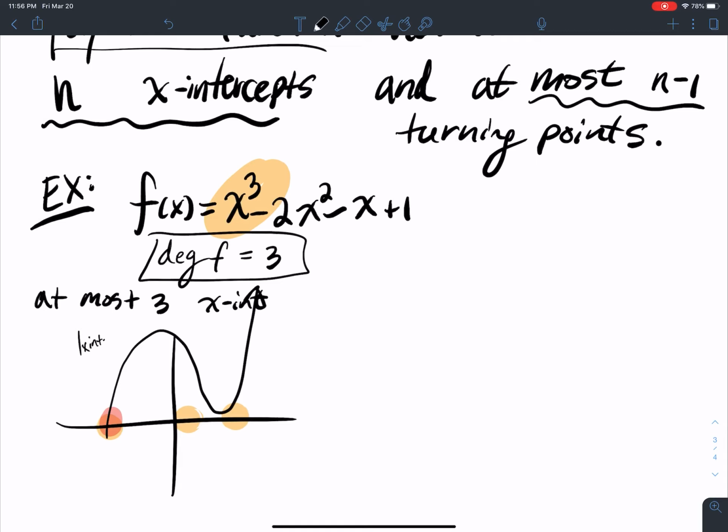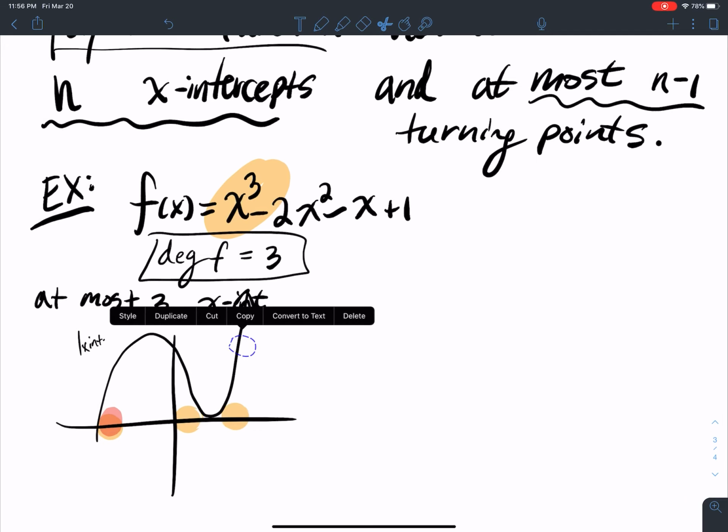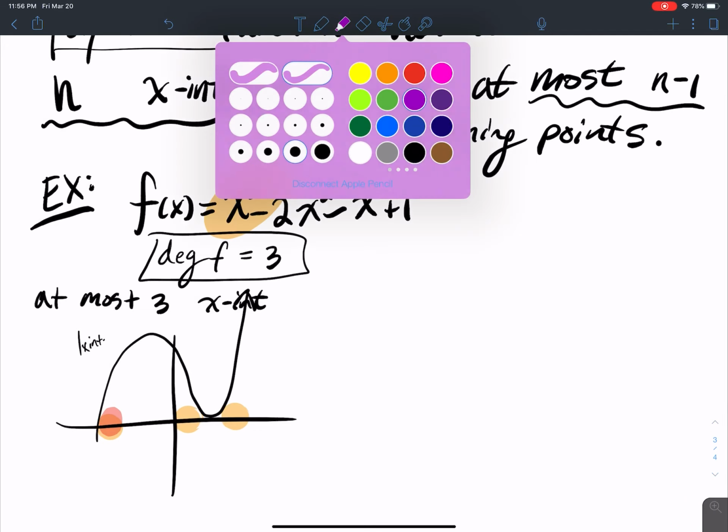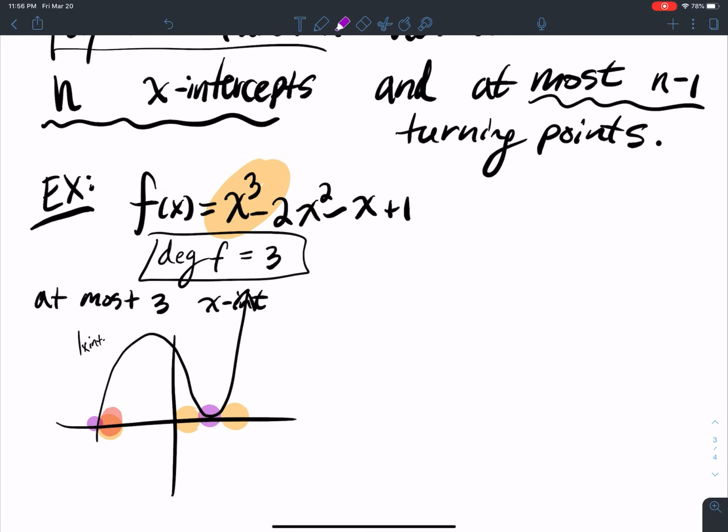But it's also possible to have just 2 intercepts, right? Maybe it touches right here and right here, okay? So you could have 2 x-intercepts. This doesn't contradict at most 3. If I say I have at most $3 in my pocket, maybe I've got $3, maybe I've got $2, maybe I have 1. Those are all okay.